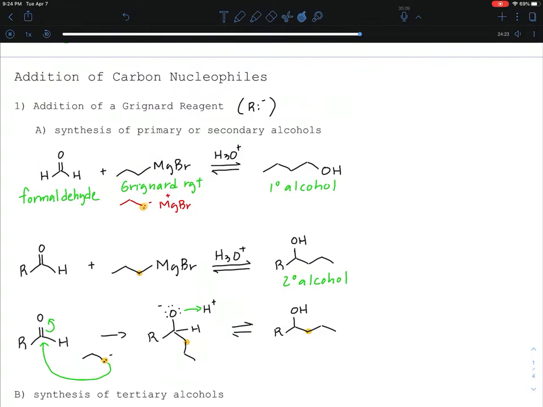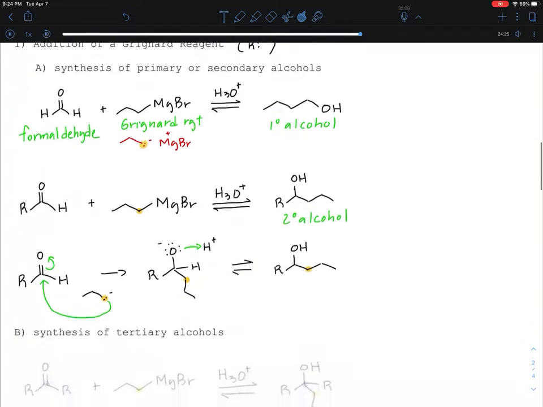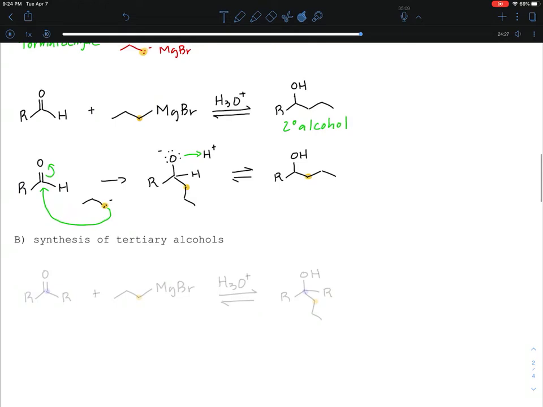What if I want to make a tertiary alcohol? Well, why don't I react a ketone? So I have an extra R group. And it's the same old, right? So a garden variety ketone and a Grignard. Let's just use the same Grignard. Why not, right? Acid workup.